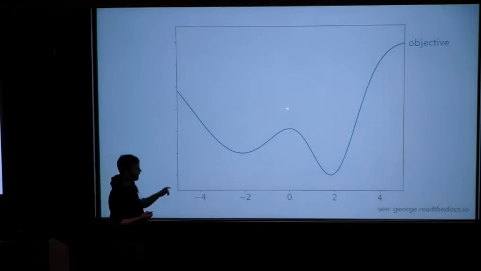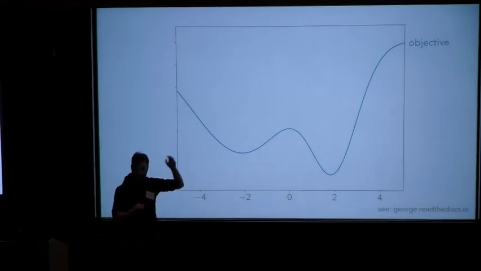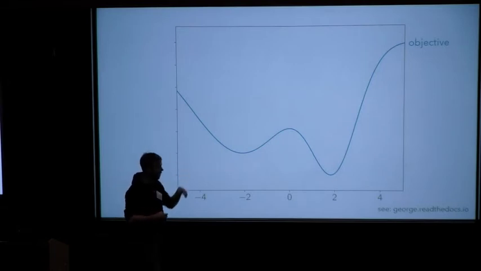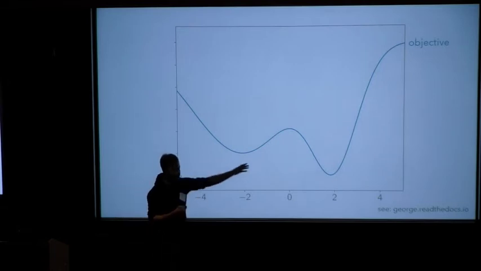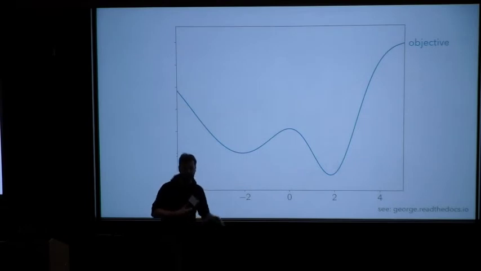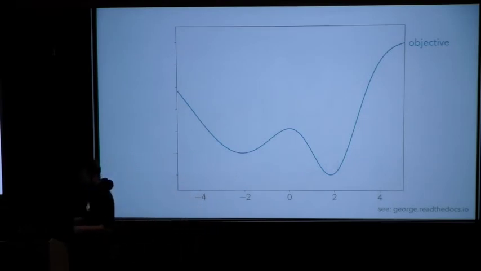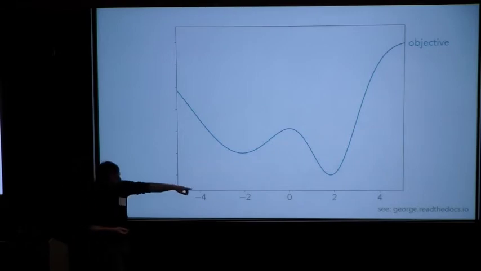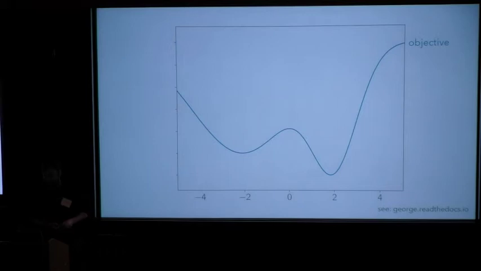So here I have this blue line right here, which is a function that I'm trying to find the minimum of. It's lightly multimodal and things like that to try to give a sense of what we can do. You can see this example at this URL down here. It's a tutorial on my George package.